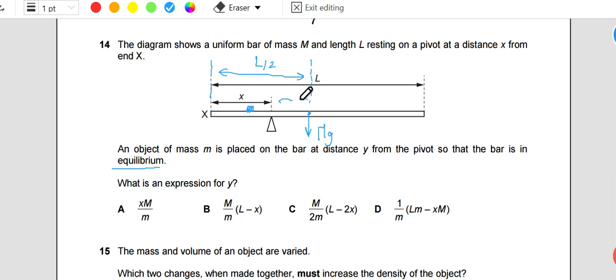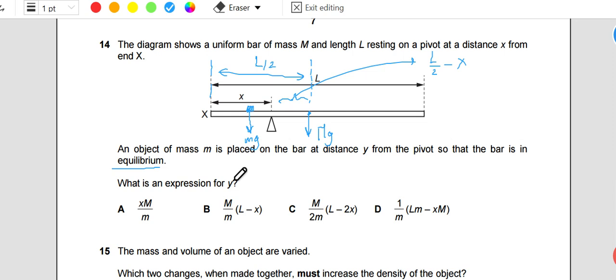So this distance is L over 2 minus x. We have also mass small m times g, another weight force acting here.